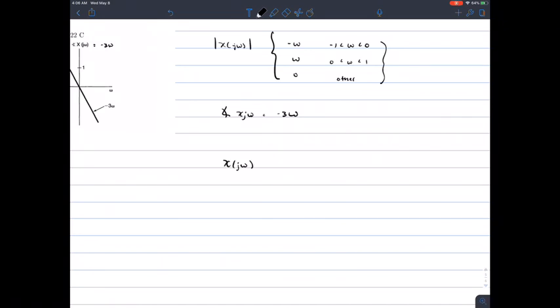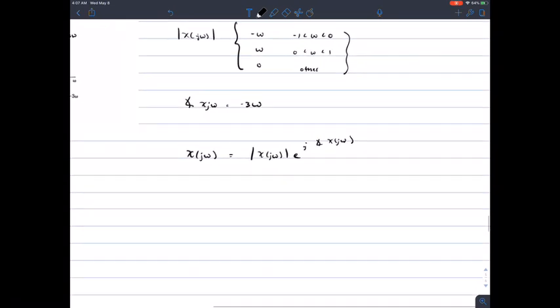X of j omega is equal to the magnitude of X of j omega times e to the j of the phase of X of j omega. Okay? That's how you can represent any number given the magnitude and the phase.